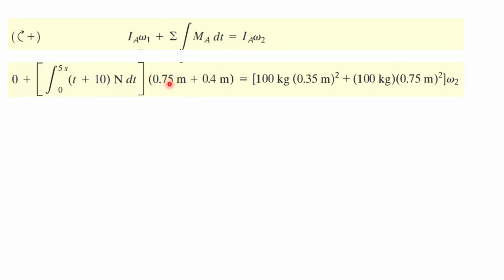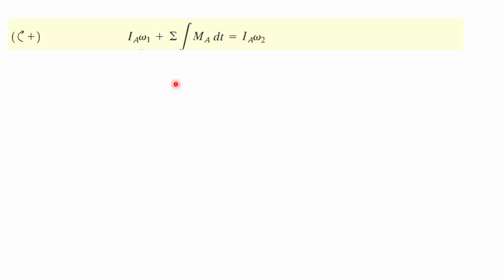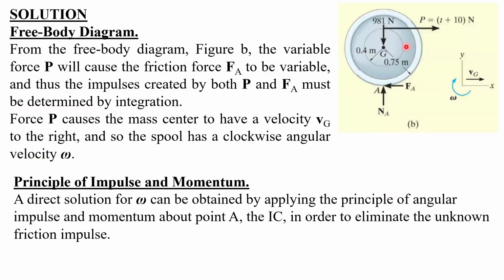Then the distance here is 0.75 plus 0.4, because from here to here is 0.4, then from here to here is 0.75. Of course, if this string or rope had been here, it would have been 1.5, which is the diameter.